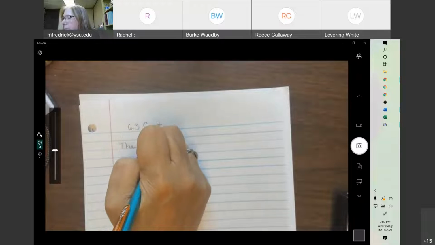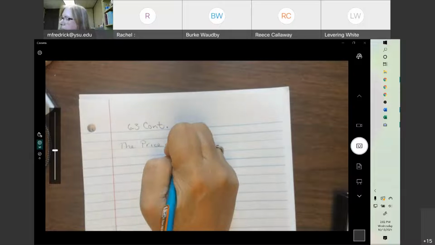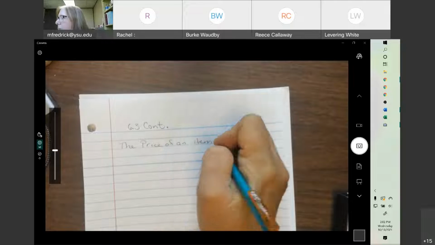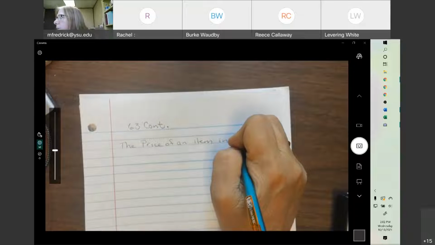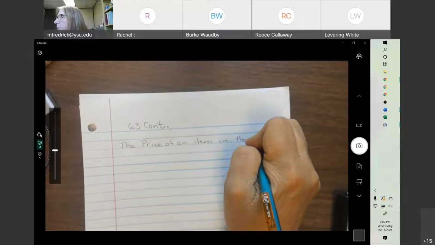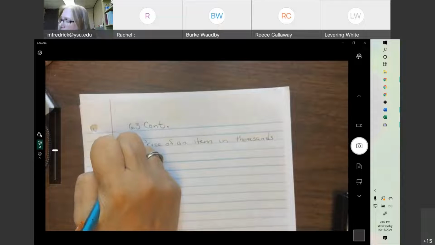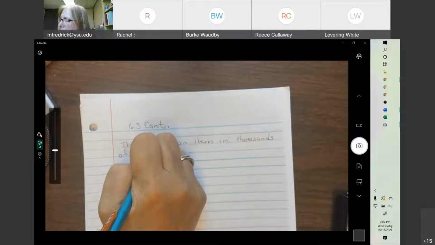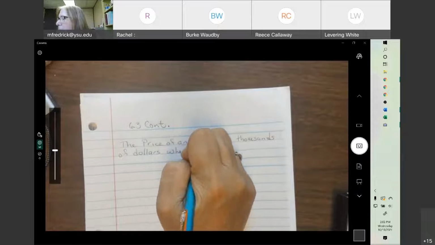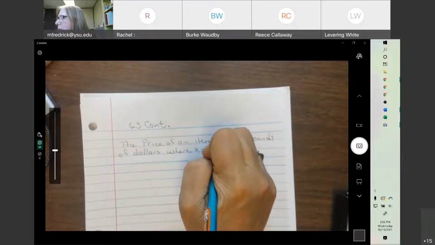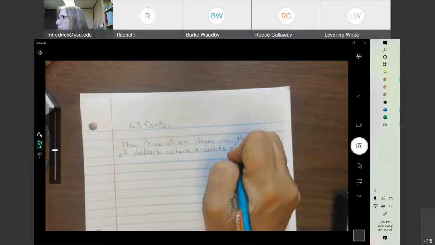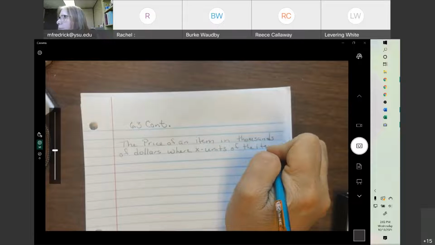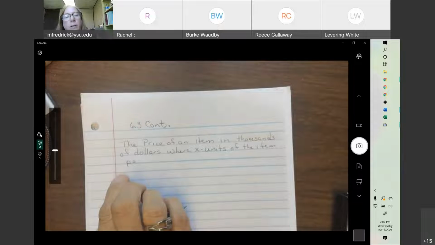The price of an item in thousands of dollars, where X is units of the item, is P equals, now this is a lowercase p.